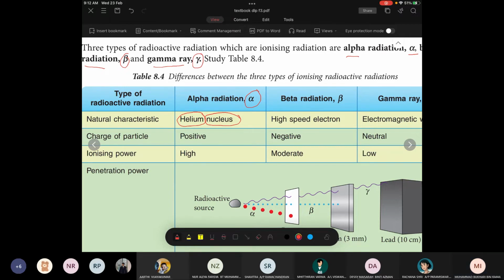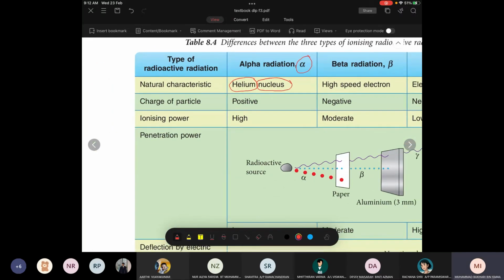As we know, we have the nucleus. The nucleus consists of proton and neutron, right? And then we have electrons orbiting it.